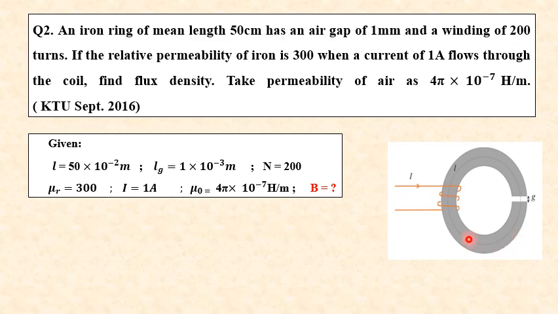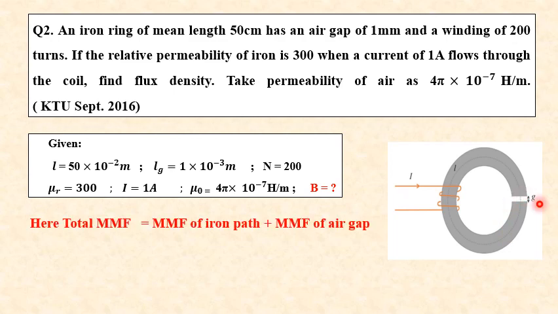So for a series magnetic circuit with leakage flux neglected, the total MMF will be equal to the sum of MMFs. Here we are having an iron ring as well as an air gap. So we can write total MMF will be equal to MMF of iron path plus MMF of air gap.